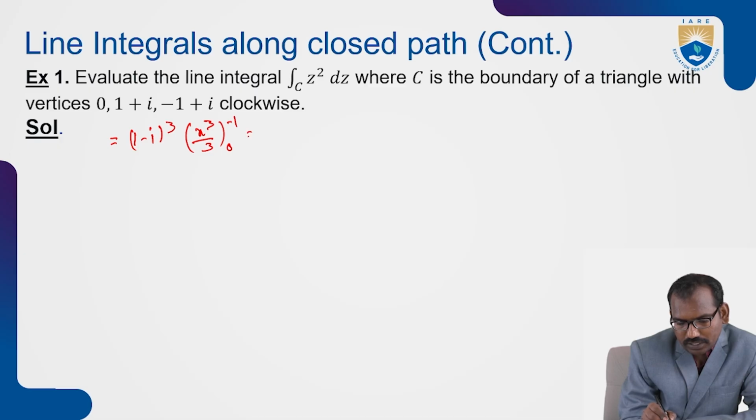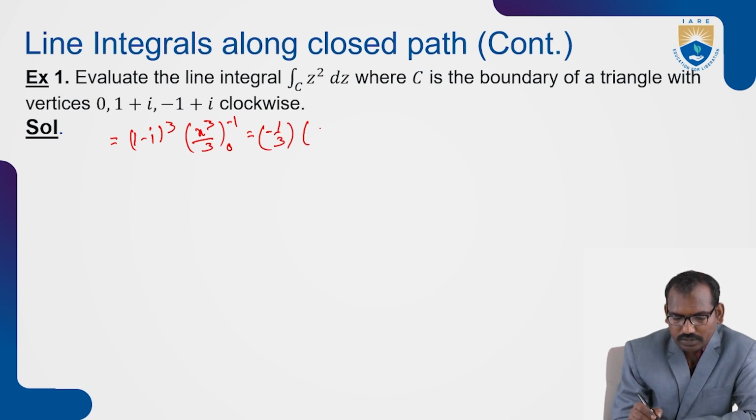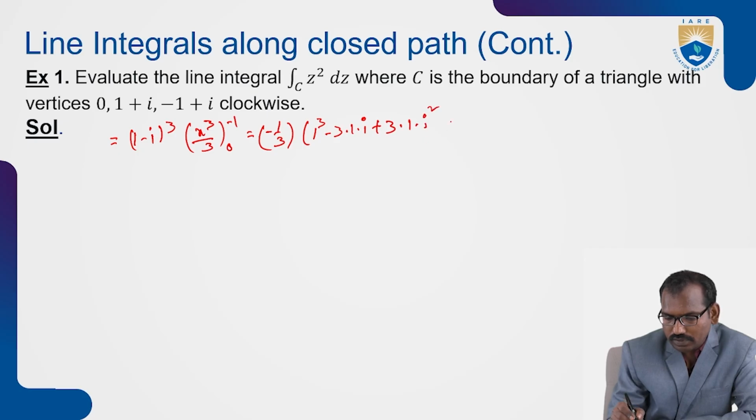So this is simply minus 1 by 3. Here we do the binomial expansion for (1 minus i) whole cube. You will get 1 cube minus 3 into 1 into i, next plus 3 into 1 into i square, next minus i cube.